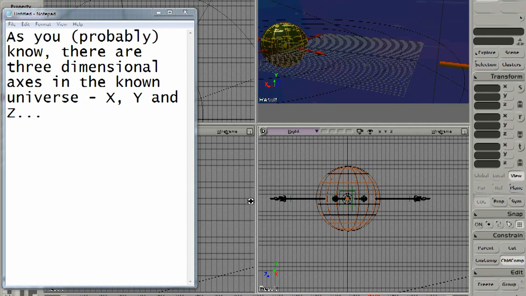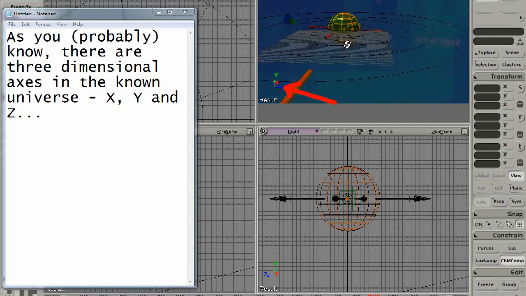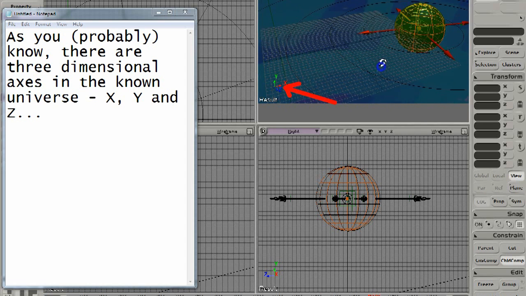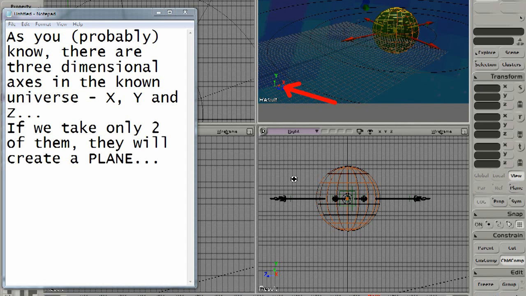As you probably know, there are 3 dimensional axes in the known universe: X, Y, and Z. If we take only 2 of them, they will create a plane.